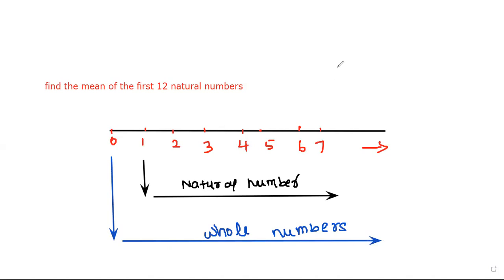Like imagine you have a few things in front of your eyes, you'll be able to count them. So that is a natural number.